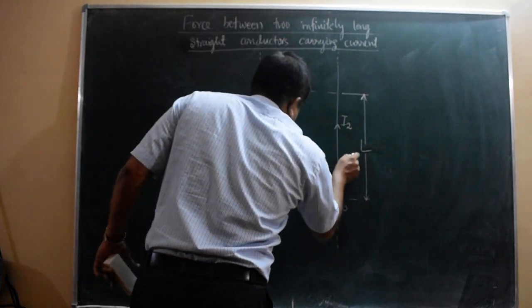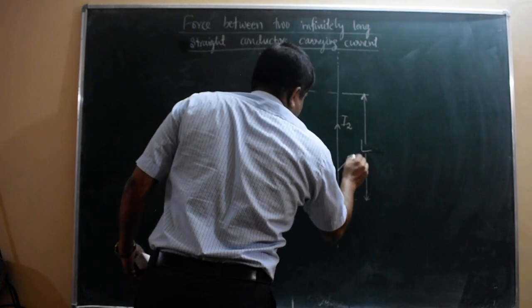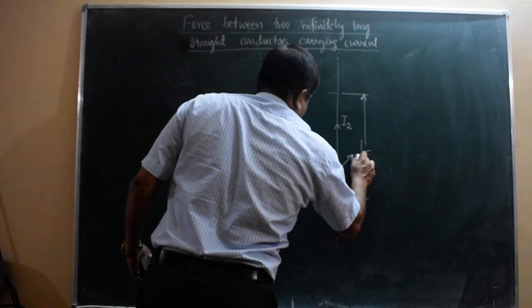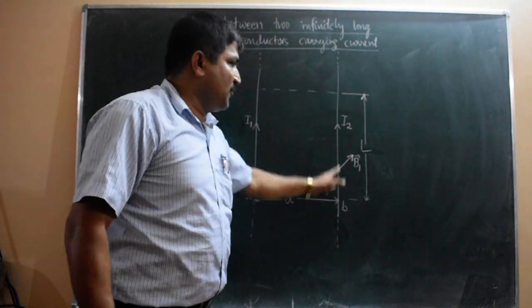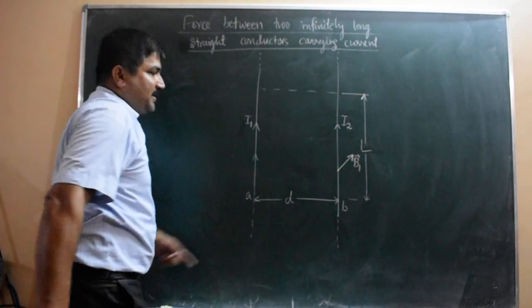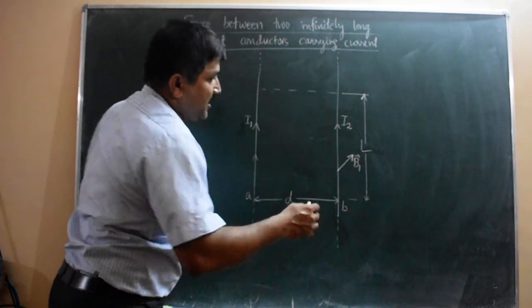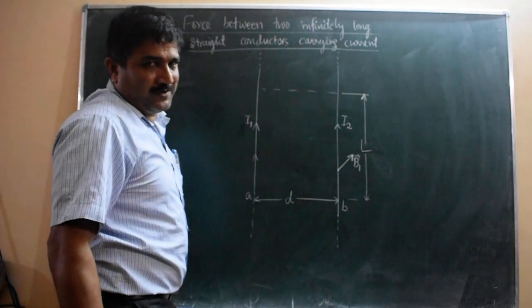So B1 is the magnetic field due to the current I1 flowing through this conductor. This arrow is shown like this, meaning it is into the plane of the board.